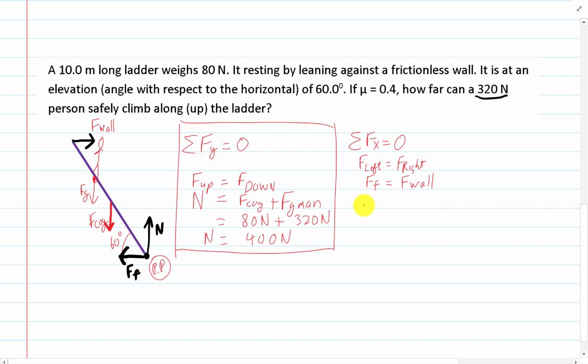Now the frictional force, the formula for that is mu N, and that has to equal F wall. We have mu, 0.4, and the normal force is 400 newtons. So F wall is going to equal 160 newtons.